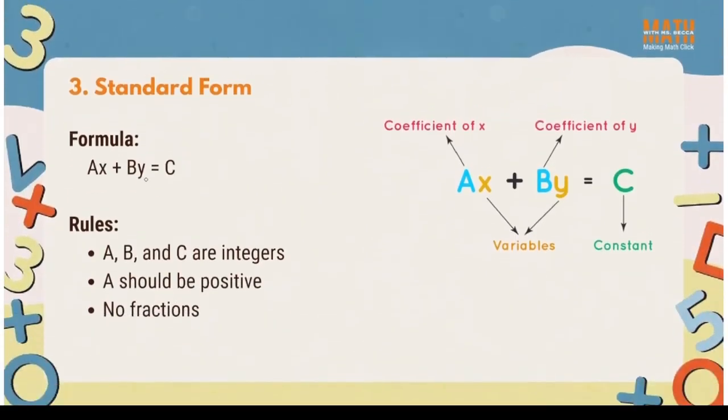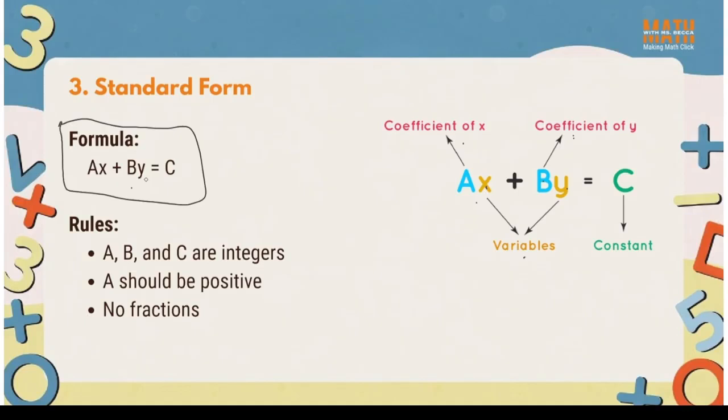Now let's look at the third form, which is standard form, and the formula for the standard form is this: ax plus by equals c, where x and y are the variables, a and b are coefficients of x and y respectively, and c is a constant.